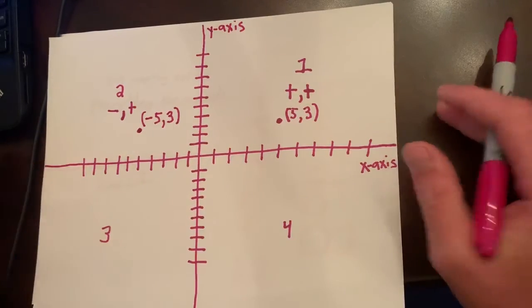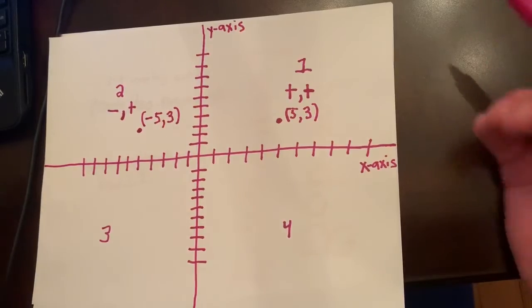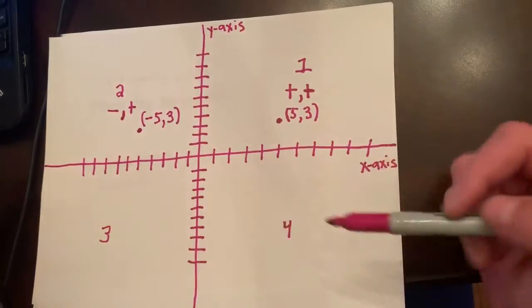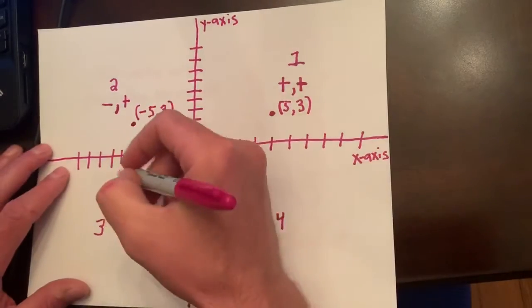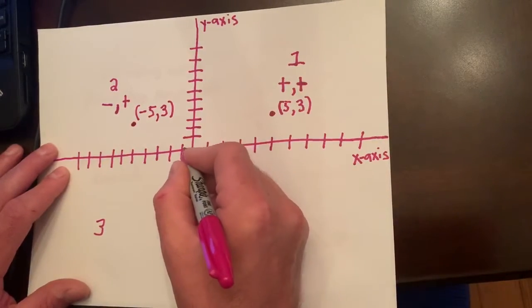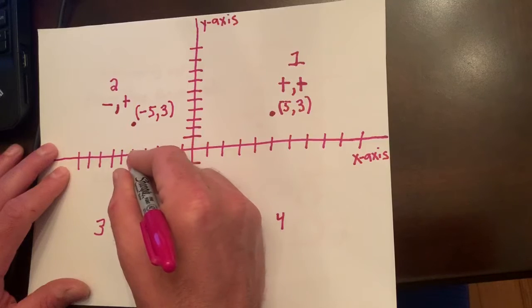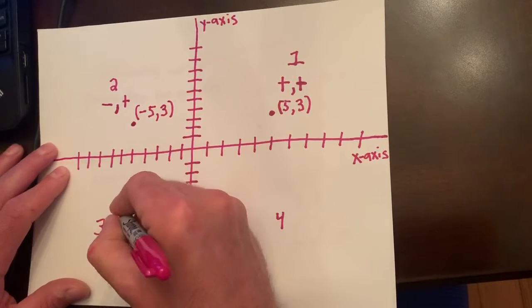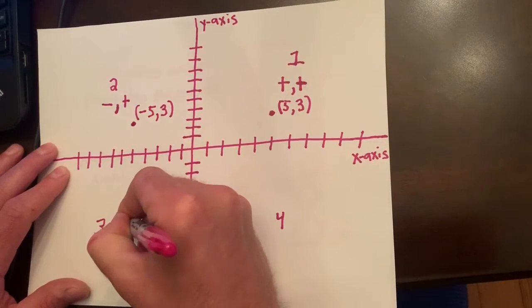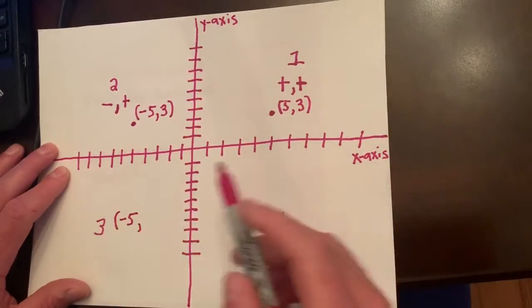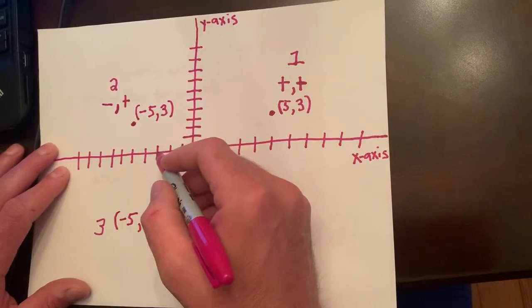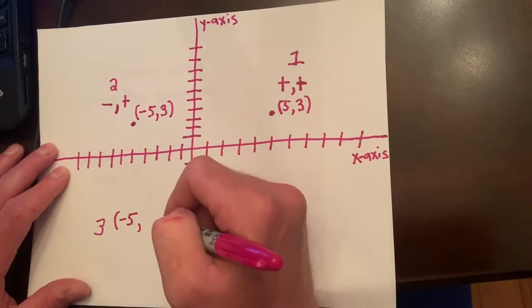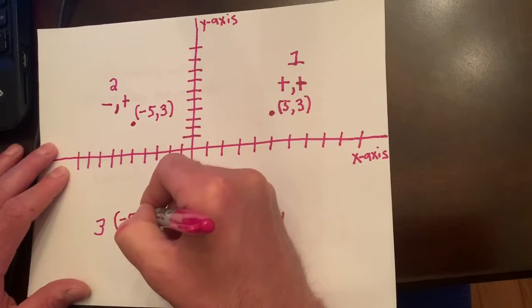Now, let's take those same numbers of 5 and 3 and apply it to the third quadrant. So if I go to the left of the y-axis, we already know that would be a negative 5. But now the rule is if you go below the x-axis, that will be a negative y-coordinate.